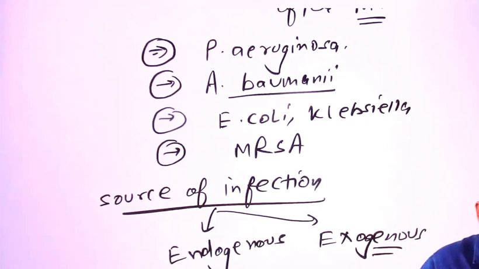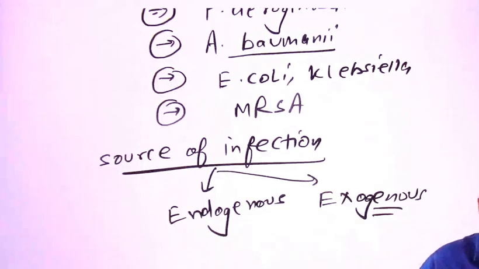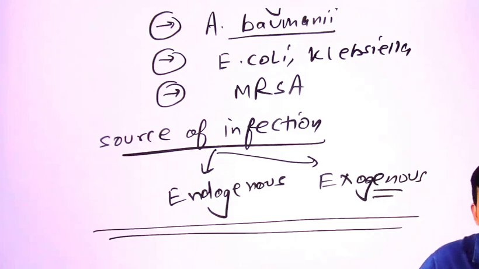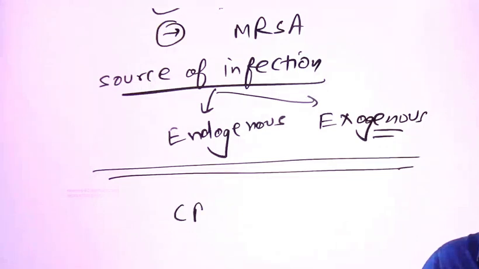So that is also one of the important ones to be focused upon. Regarding VAP, it is very true that endotracheal intubation, sedation, along with the supine position definitely make an environment conducive for ventilator associated pneumonia.